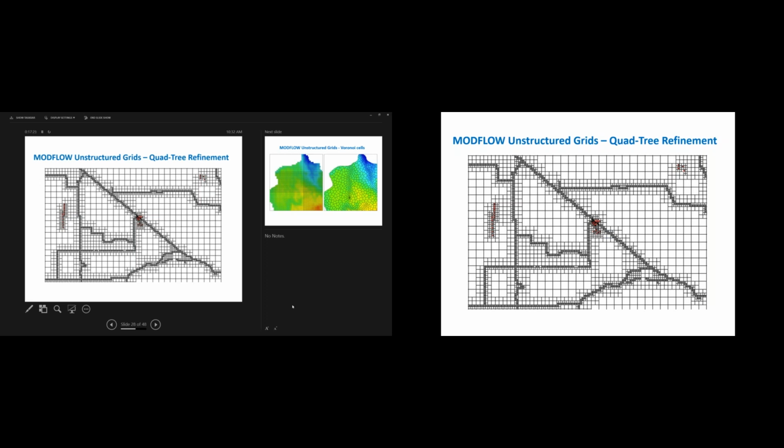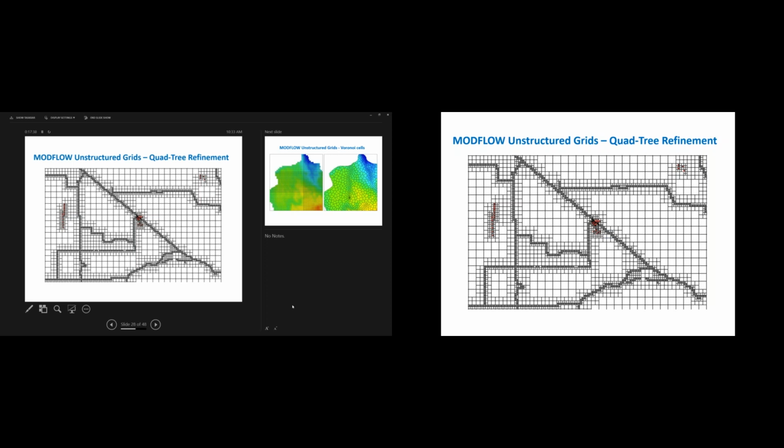So someone here in this example is trying to, it's a horrible example because that doesn't look like a river network, but it's trying to maybe add more details right along the river.